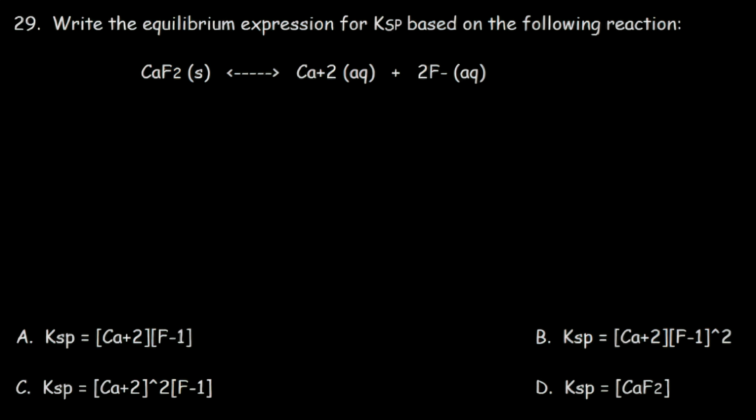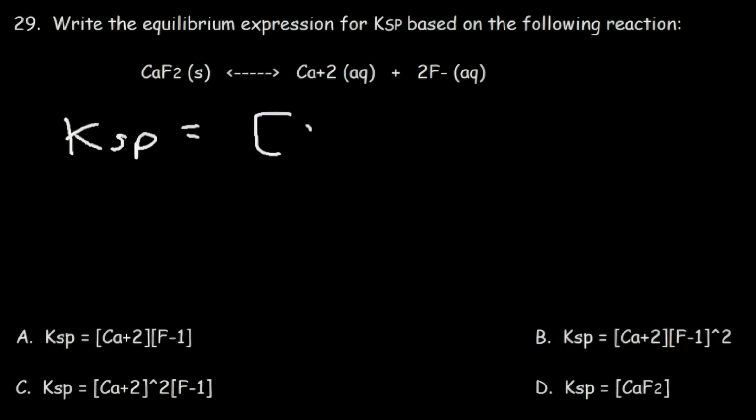You've seen Kc, which is the equilibrium concentration constant, and then there was Kp, which is the equilibrium pressure constant, and Ka, the acid dissociation constant, Kb, the base dissociation constant. There's Kw, the autoionization constant of water. And Keq is just a generic equilibrium constant. So Ksp works the same way as any type of K value. It's going to be products over reactants.